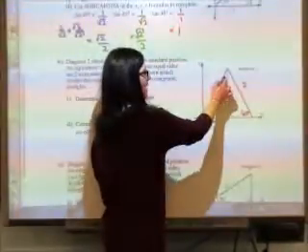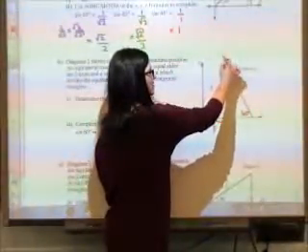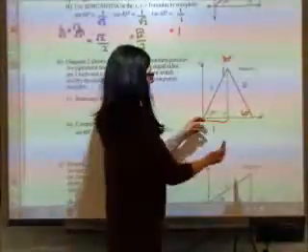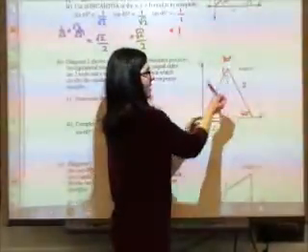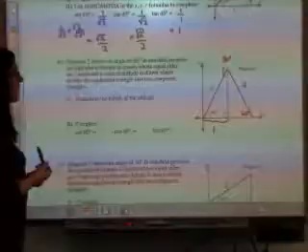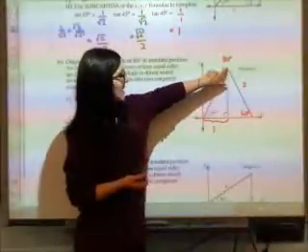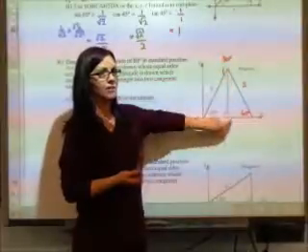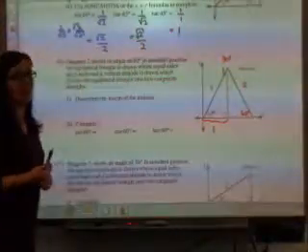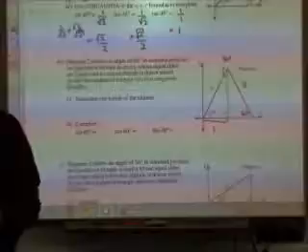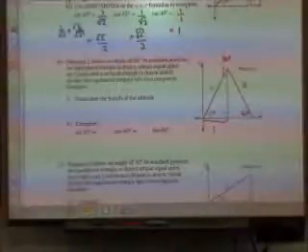And this angle right here would be 30 degrees, because I have a 60, a 90, and then what's left over is 30. So what we're going to do first is determine the length of this altitude, this leg. So I want you to use Pythagoras' theorem and find out what that altitude is equal to.